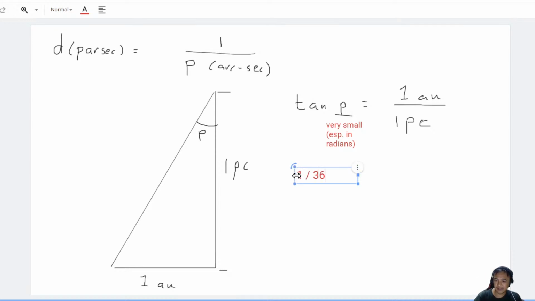It would be 2.7, let's put it to 2.8, times 10 to the minus 4. Now, can you find the tangent of that?